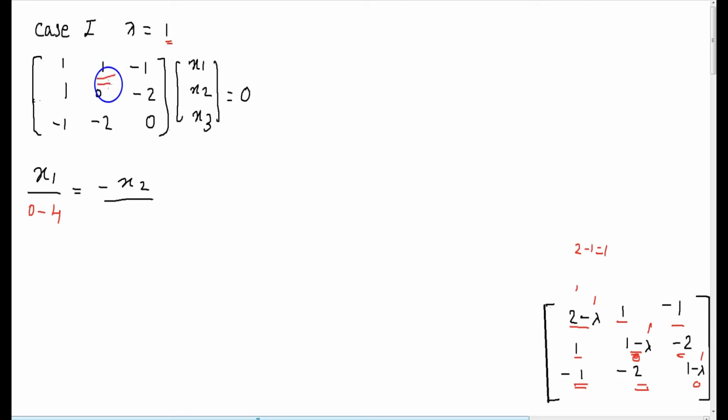Here minor of a12 is 1 minus 2 minus 1 0, and cross multiplying we get 0 minus 2 equal to x3 by minor of a13. Minor of a13 is 1 0 minus 1 minus 2, and cross multiplying the minus 2 plus 0.